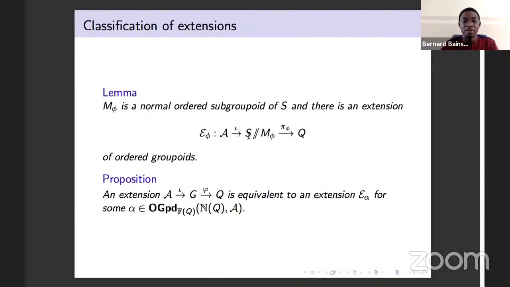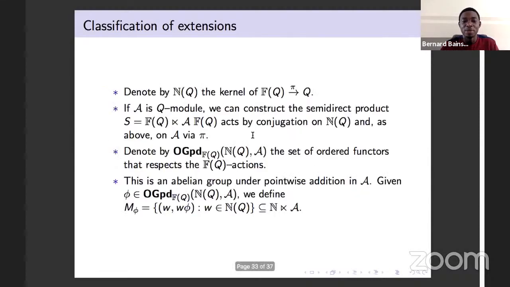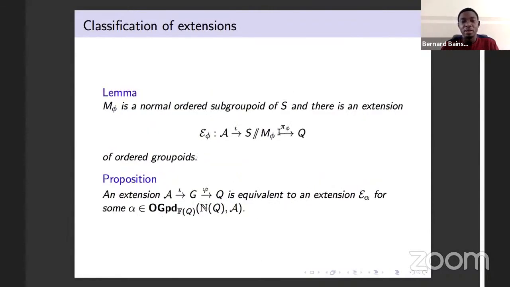So this is what we observed, that the quotient of the semi-direct product FQ by A by M phi is an extension of A by Q. And every extension of the ordered groupoid A by Q is equivalent to some extension E alpha, where alpha is an ordered morphism from NQ into A that respects the FQ action.